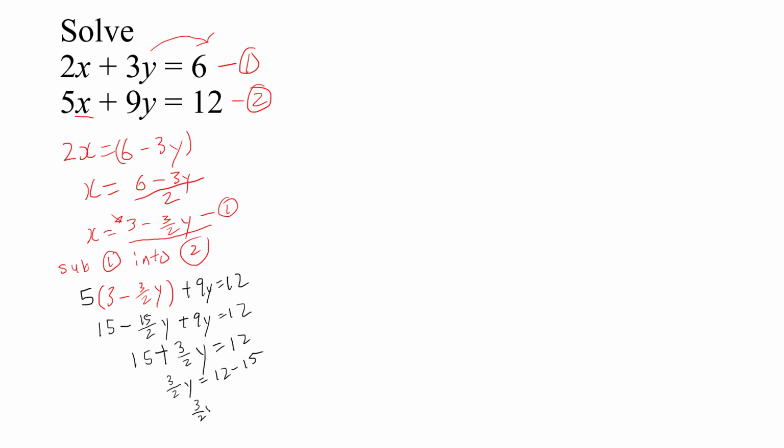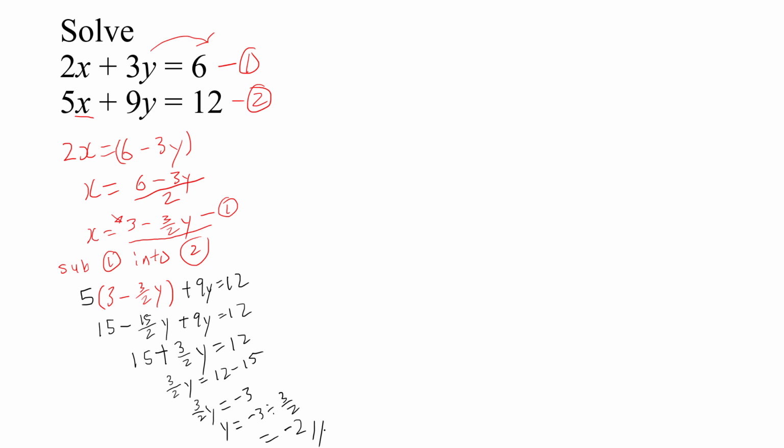So 3 over 2y is equal to negative 3. y will just be equal to negative 3 divided by 3 over 2. And I will have y is equal to negative 2.